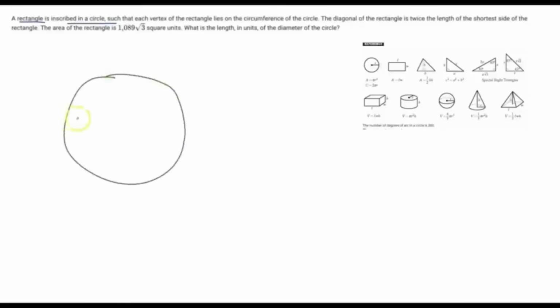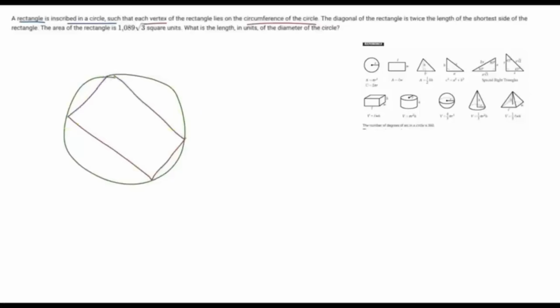So I'm going to draw a circle and then draw a rectangle. The rectangle is drawn such that each corner of the rectangle lies on the circumference of the circle. So one corner goes there, boom.